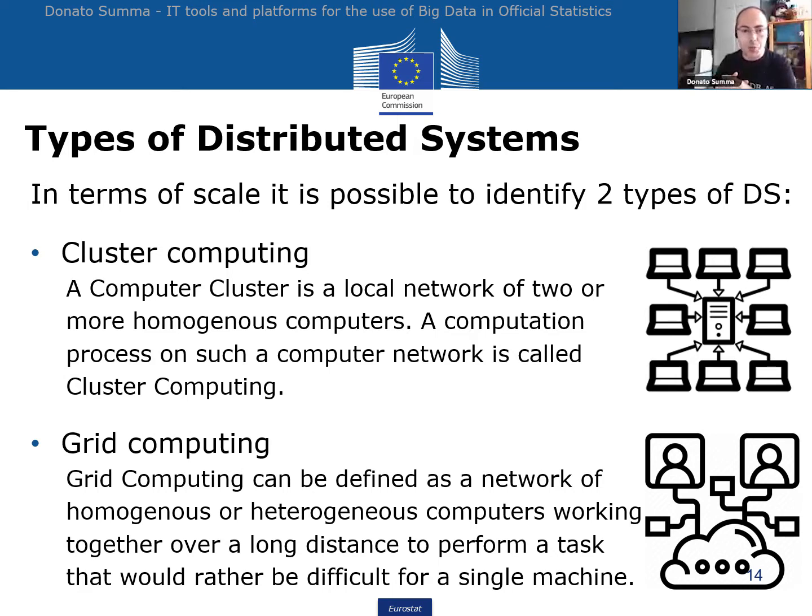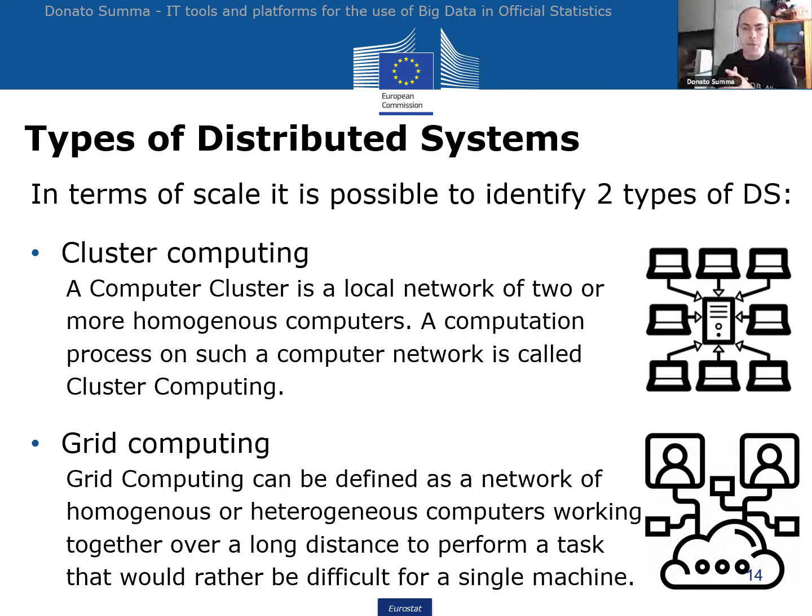A computation process on such a computer network is called cluster computing. Grid computing can be defined as a network of homogeneous or heterogeneous computers working together over a long distance to perform a task.